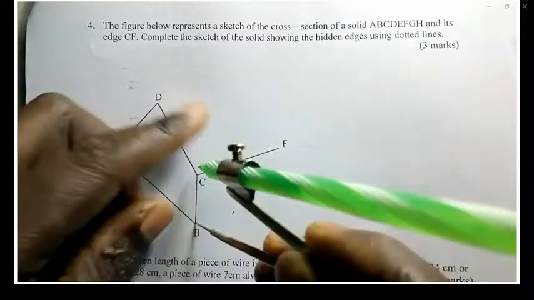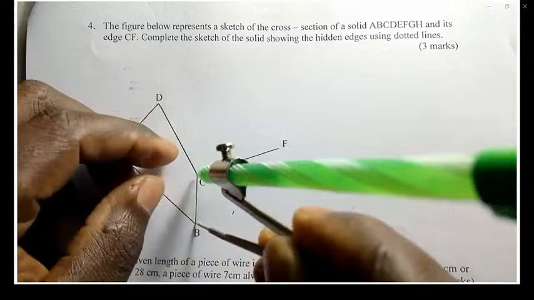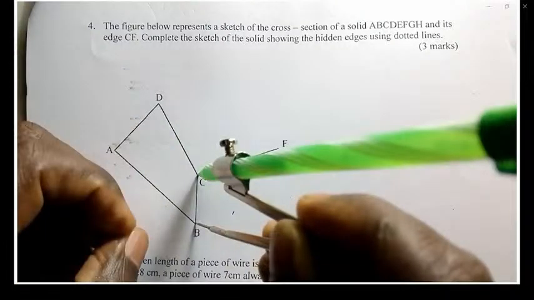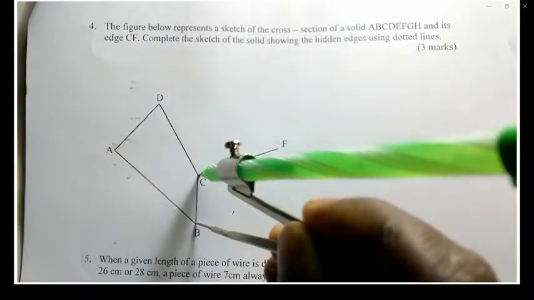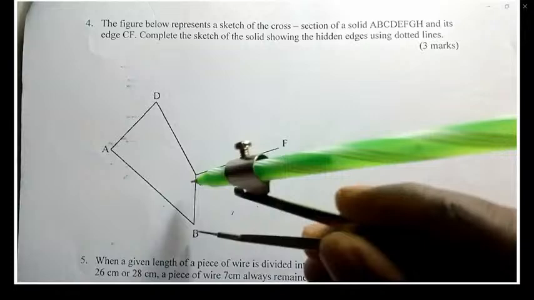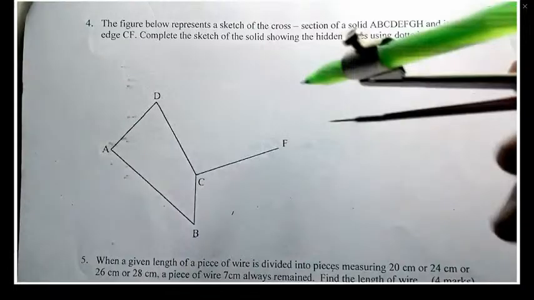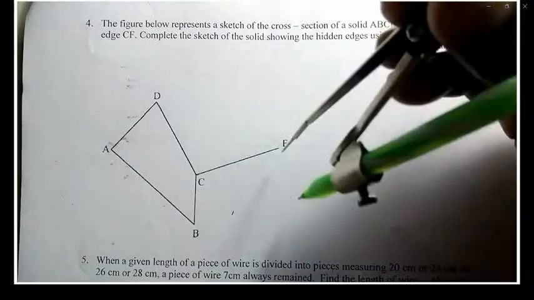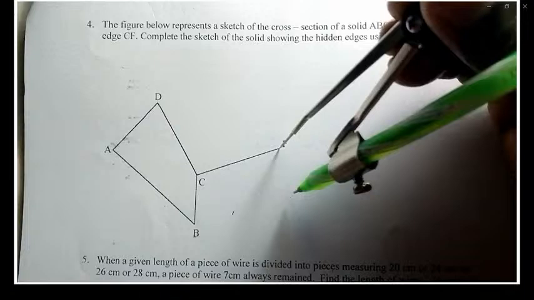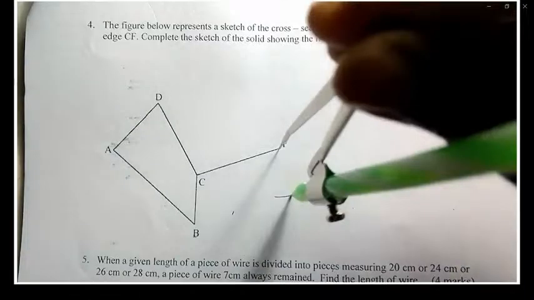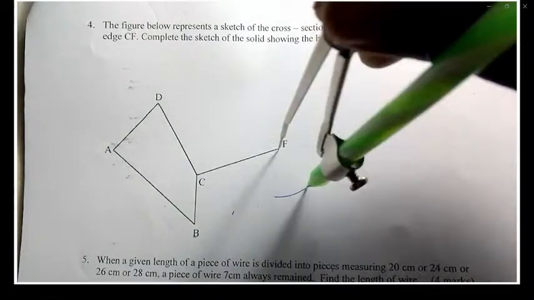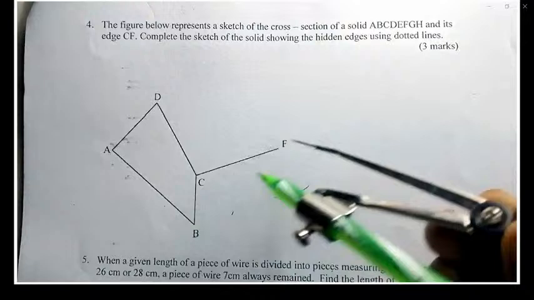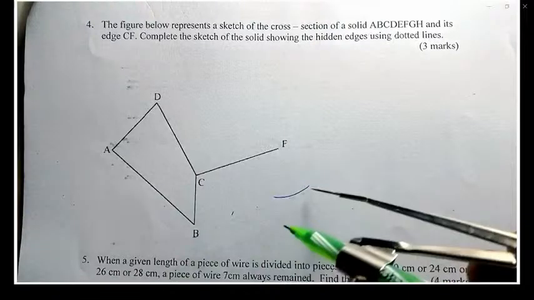Weka hii. Weka hivi. Sawa? Sio hiyo length. Kuja pande hii ikiwa imetoshana, unasimama hapa. Mark hapa. Sawa? Haya, lakini unajua pia CF na B this will be the same.